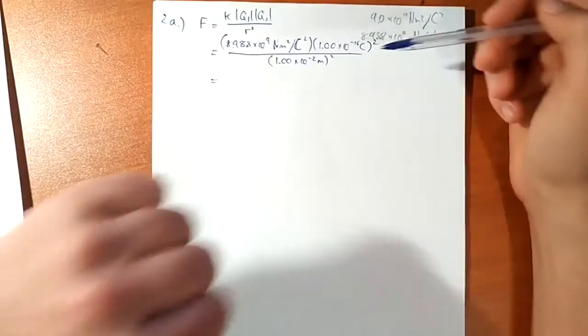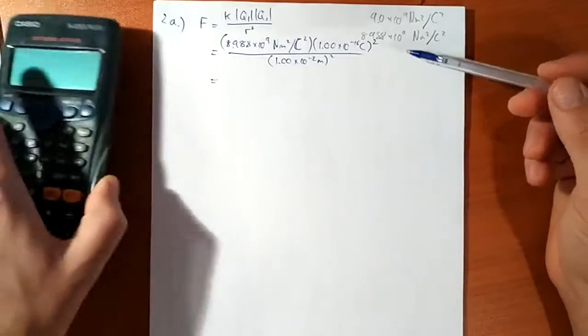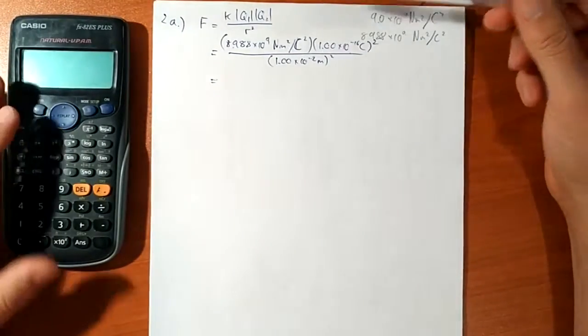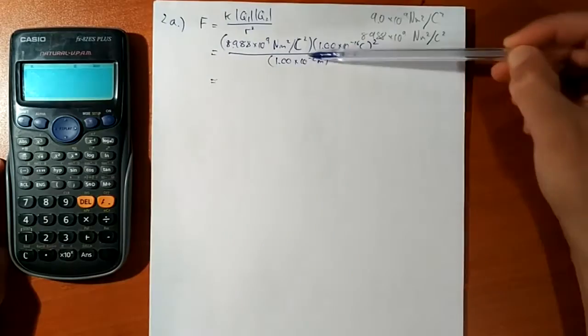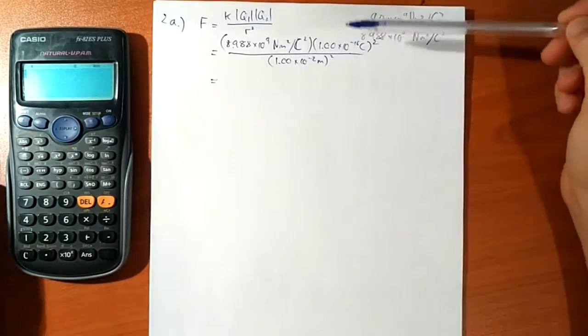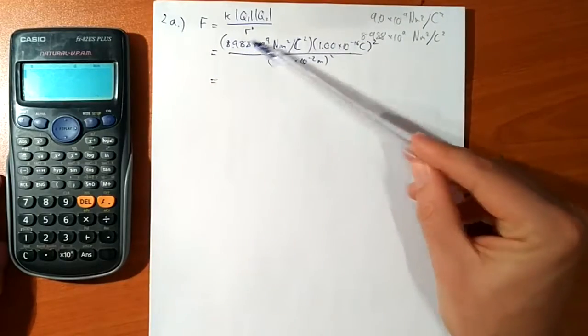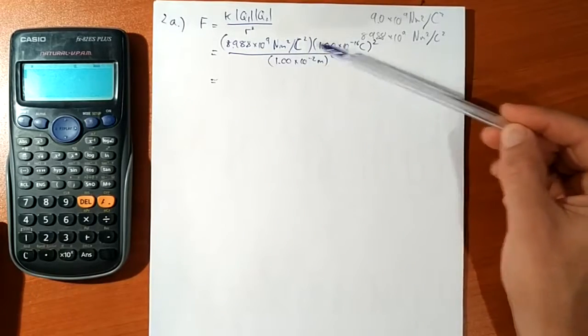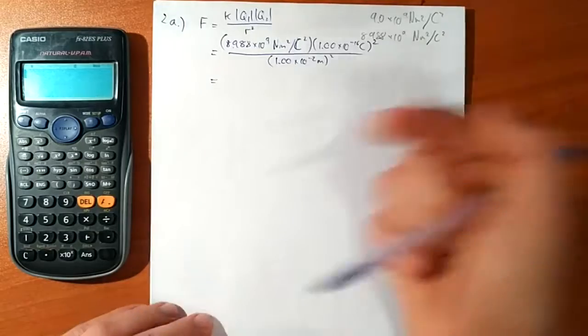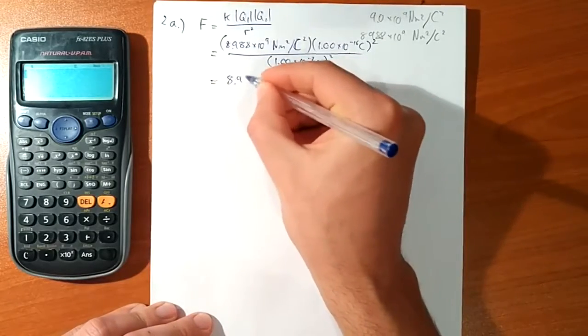And let's calculate this. I like to separate these powers of 10 and calculate them afterwards separately. So I first take this times this times this, so it is 8.988 times 1 divided by 1 divided by 1. So it's just 8.988.